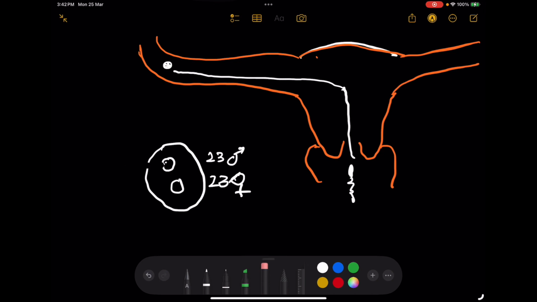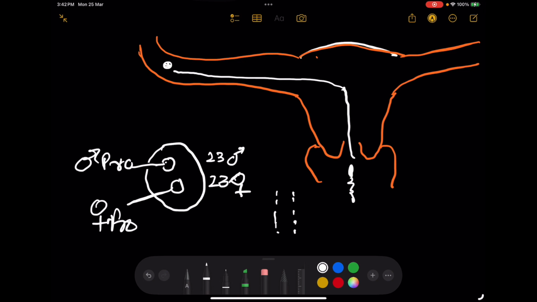So this is the male pronucleus and this is the female pronucleus. Their membrane is lost and these chromosomes arrange like this, and by the astral rays from the Golgi apparatus of the cell, these are pulled apart and they become 46 chromosomes.